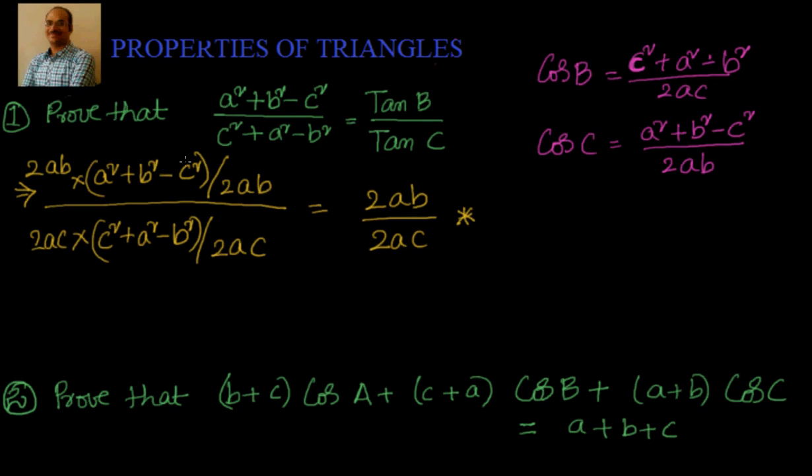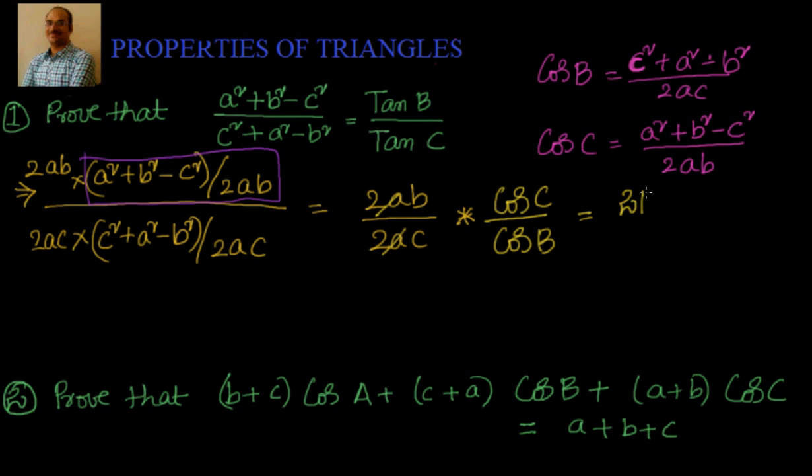This part we have just seen is nothing but equal to cos C. So I can go ahead and write it as cos C divided by cos B, which is nothing but the 2a cancels, and b is 2R sin B, which you are aware.